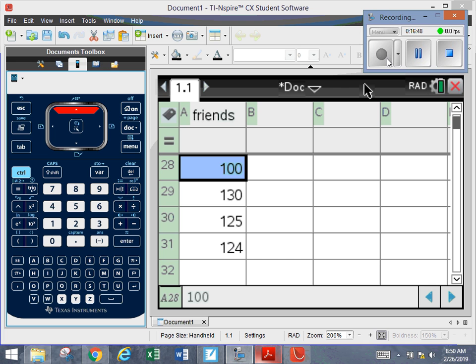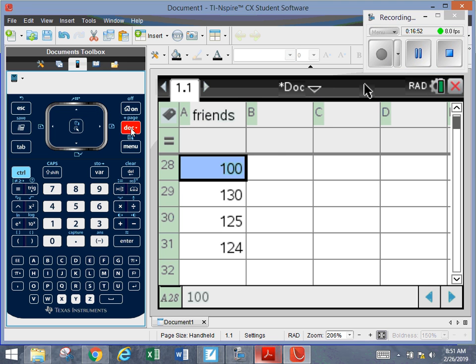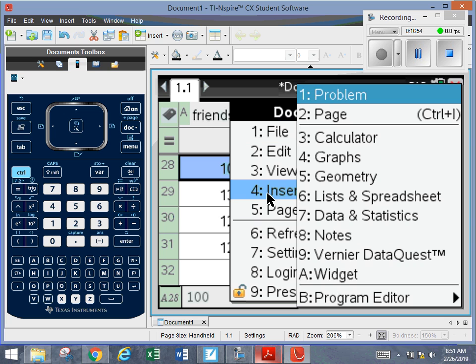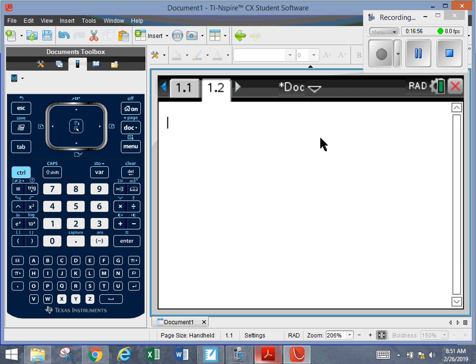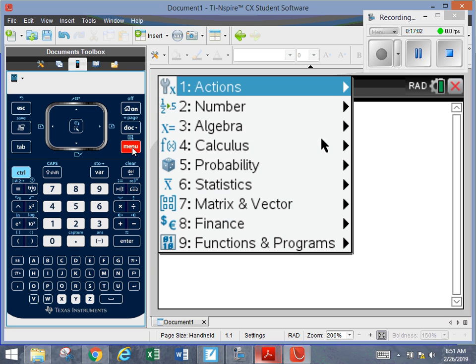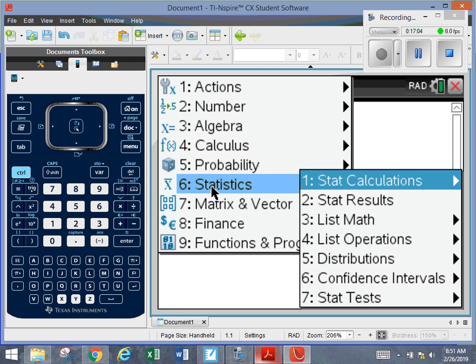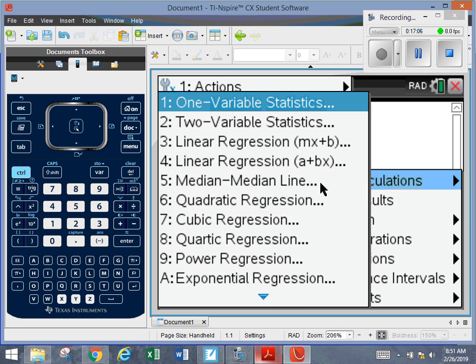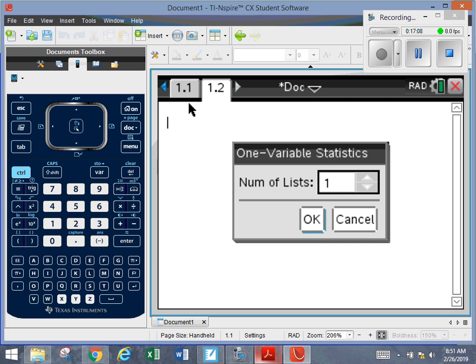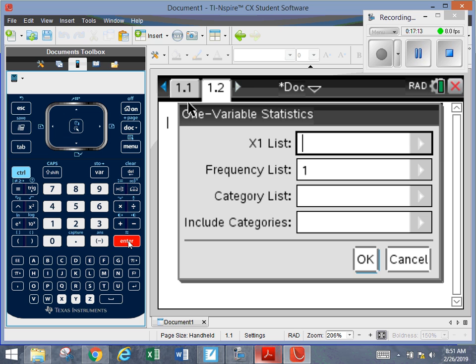Now, it's been a while since we've done this on the calculators. I'm going to hit Doc, Insert, and put in the calculator. From this calculator, I'm going to get my mean and standard deviation of my sample. I'll hit Menu, Statistics, and I want stat calculations, one variable stats. I got to choose a list.